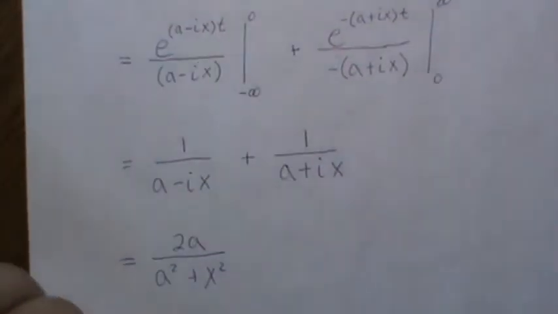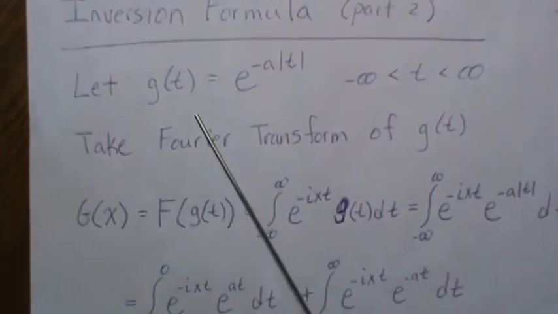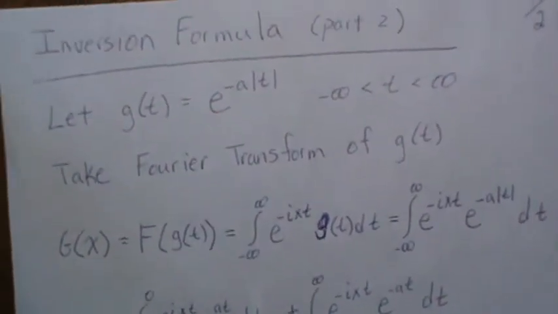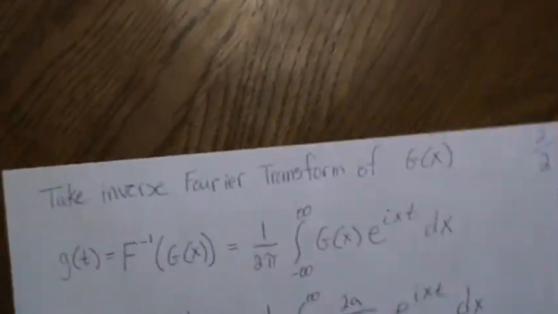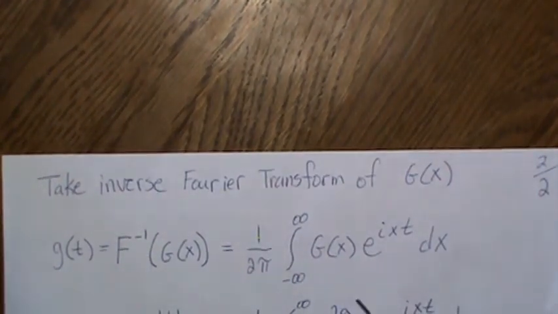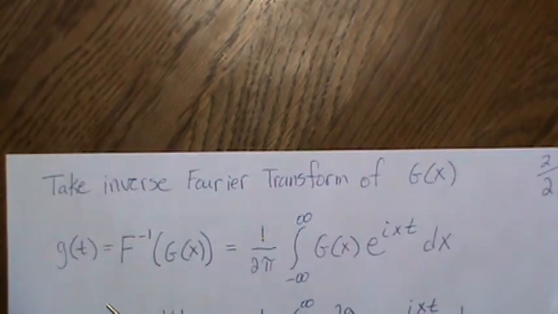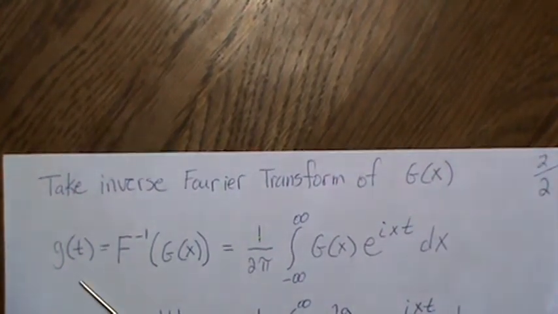So now we have our g of x function, which is a Fourier transform of g of t. Now let's use the inversion formula from the previous video, which is this. We want to take the inverse Fourier transform of this to get our function g of t back.